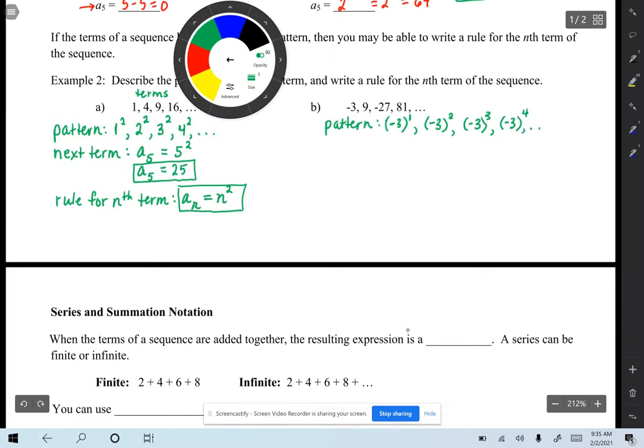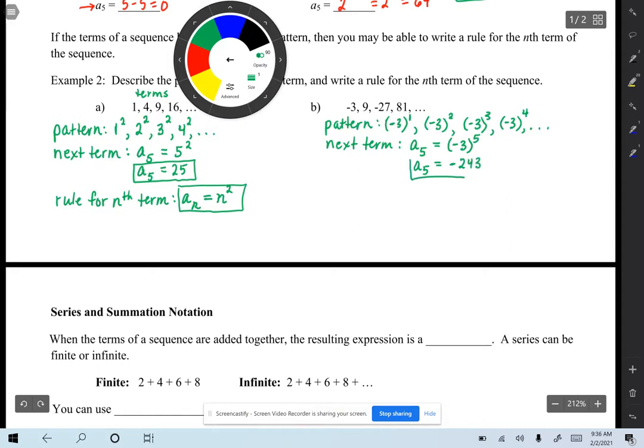And it continues. But now you can see that that's the pattern. The next term will be our fifth term. So the fifth term is going to be equal to -3 to the fifth power. So that would be -243. You know it's going to be negative because it's an odd power.